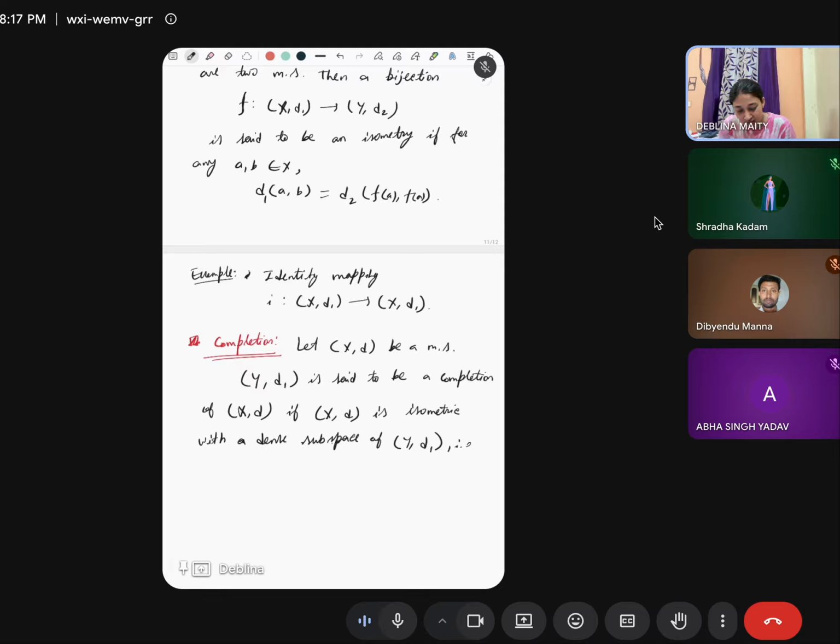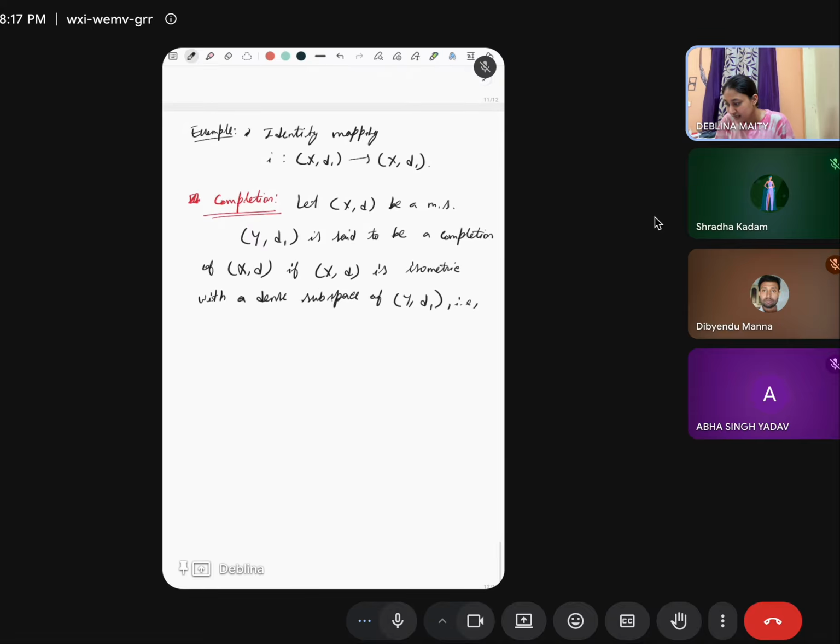That is, in other words, there exists an isometry f from (X,d) to its image f(X) such that f(X) is dense in Y, f(X) bar is Y.